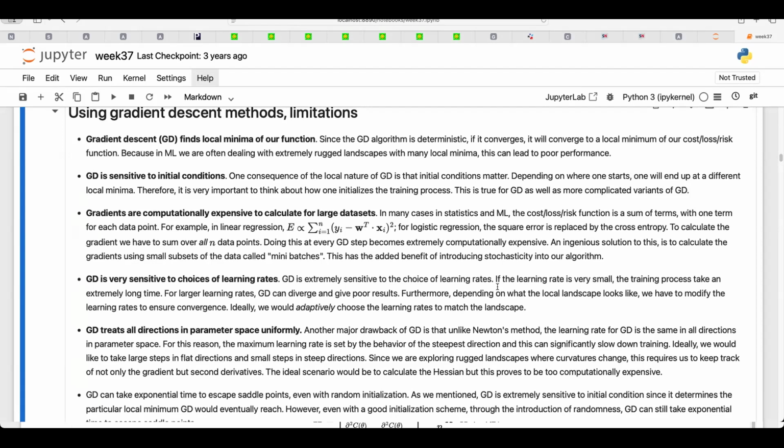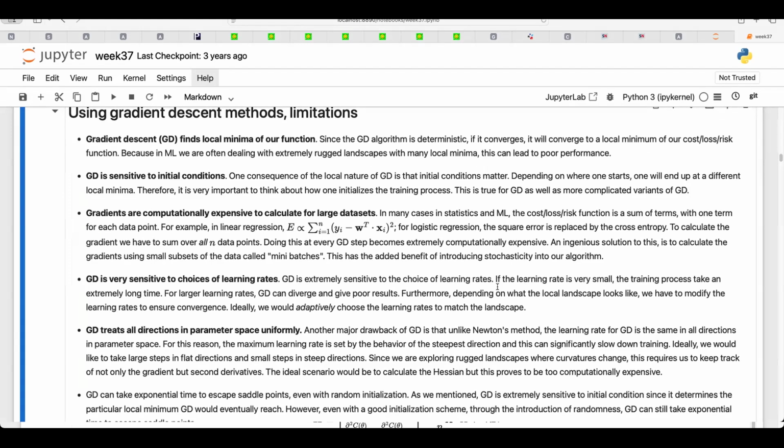It's extremely sensitive to the initial conditions. And you saw that from the example before the break: if I change the value of this theta 0, I could get something which converged quickly to the minimum, or it could take many steps, or it wouldn't converge at all. So it's extremely sensitive to the initial conditions.